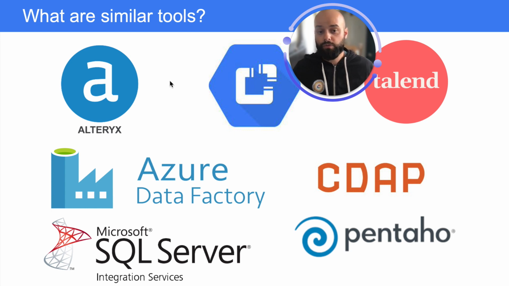We have Talend, which is also a very powerful tool that works in pretty much the same way. One of the main competitors, I would say, is Azure Data Factory, because it lives on Microsoft Azure, which is one of the biggest competitors of GCP together with AWS. Azure Data Factory is a very powerful data integration tool also.